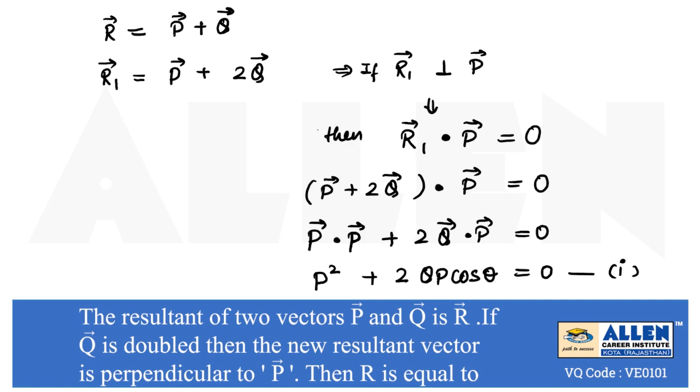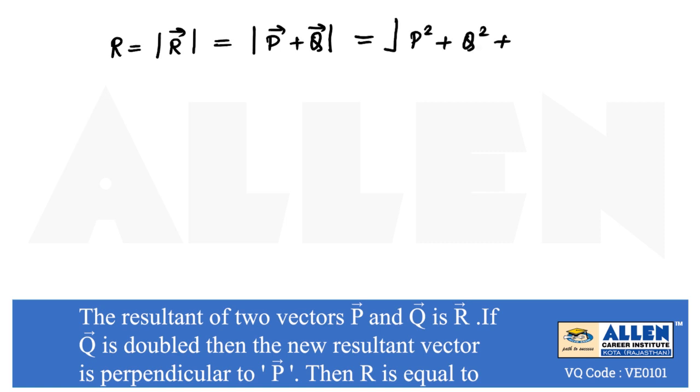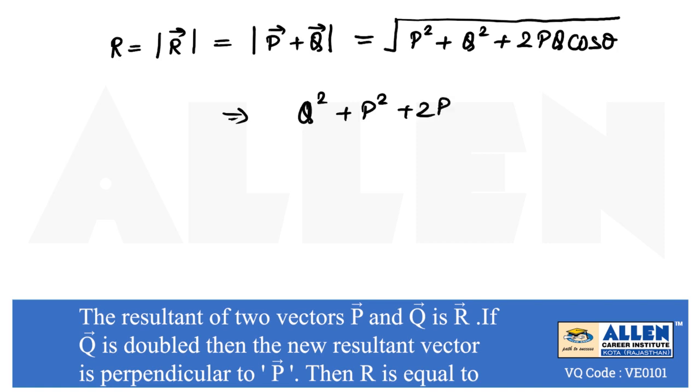Now we will use this condition further. It is asked what is the value of r, or the magnitude of the resultant vector, that is the modulus of p vector plus q vector, which can be written as the root of p square plus q square plus 2pq cos theta. We have to find this value, and according to equation 1 we replace p square plus 2pq cos theta, which we have seen in equation 1 is equal to 0.